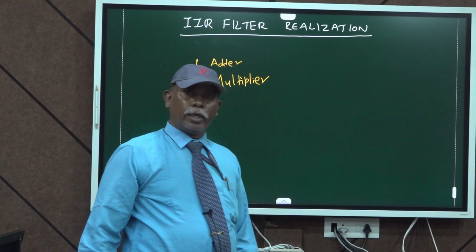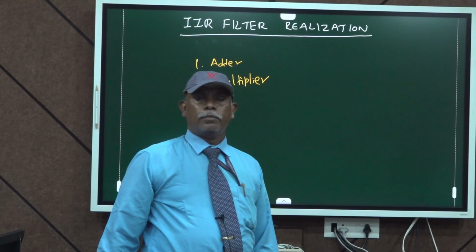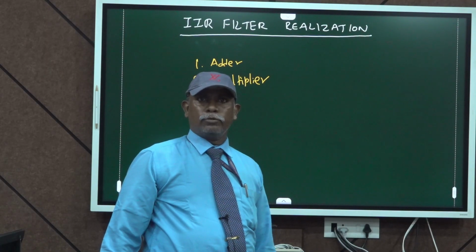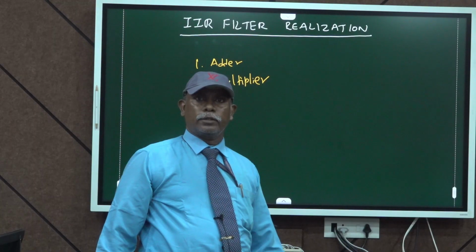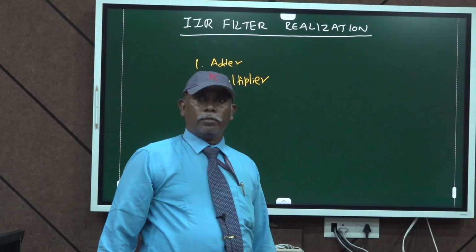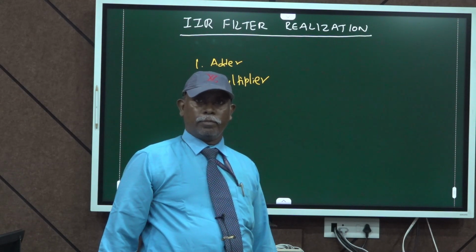We are doing multiplication as well as addition simultaneously, so it is called convolution. The filter is used for convolution. So the 2 important operations, addition and multiplication, can be done by means of the adder and the multiplier.